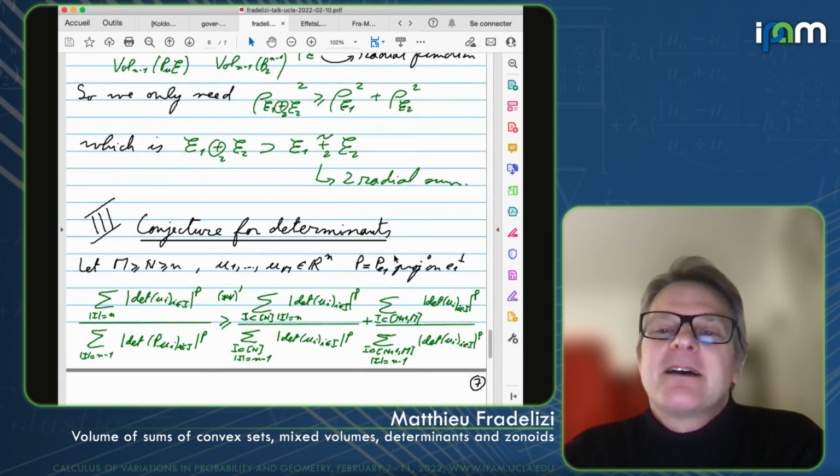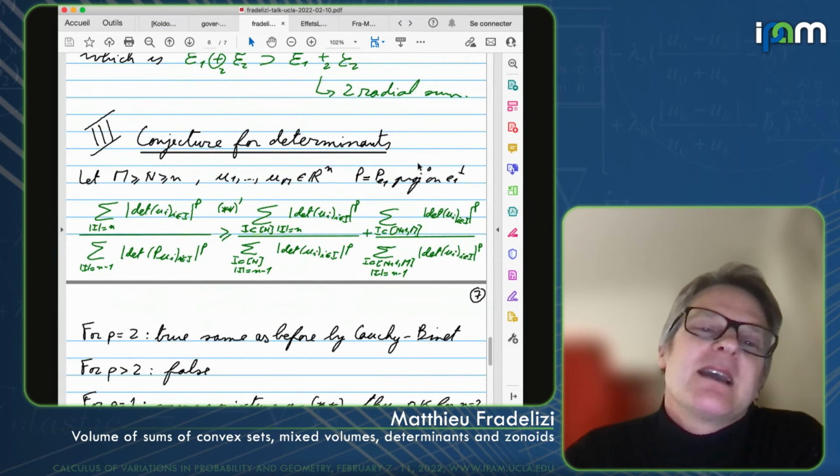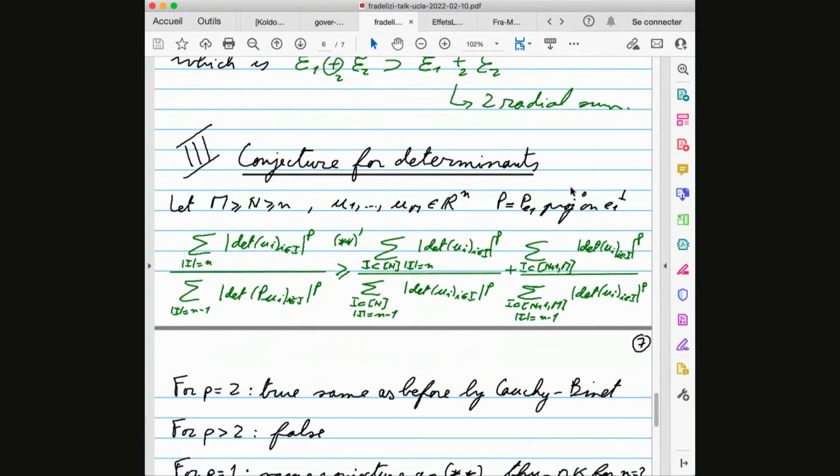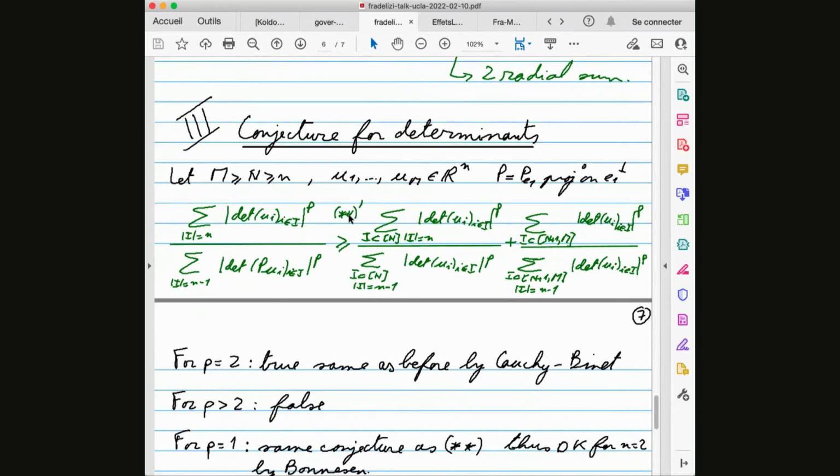And now I have just a few minutes, 1 minute let's say, to show you a last conjecture, which is very related in fact. You take M vectors in R^n, and you look at the projection again on e_1 perp. And then I call this conjecture 2 star prime.